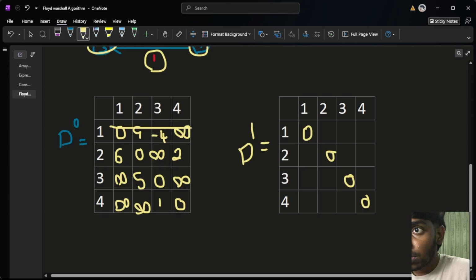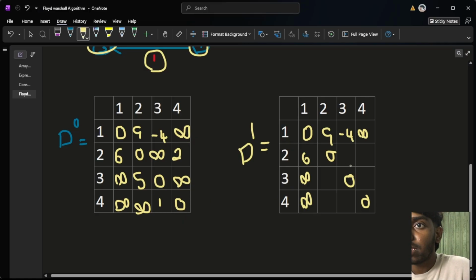So the row and this column from D0 are copied to D1. So we are going to draw the row as 0, 9, minus 4 and infinity, and the column as 6 and then infinity.